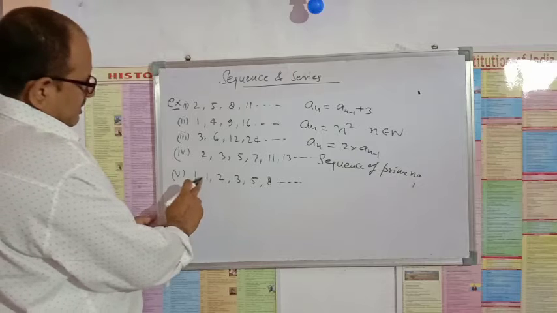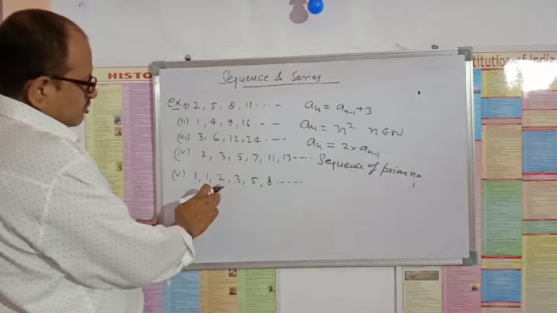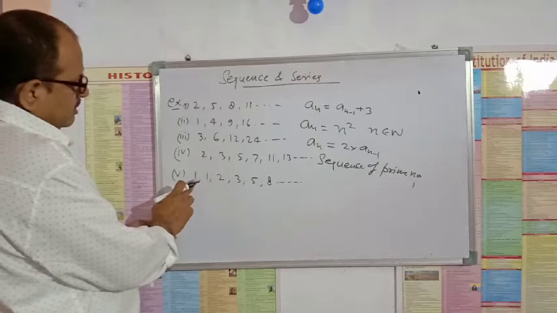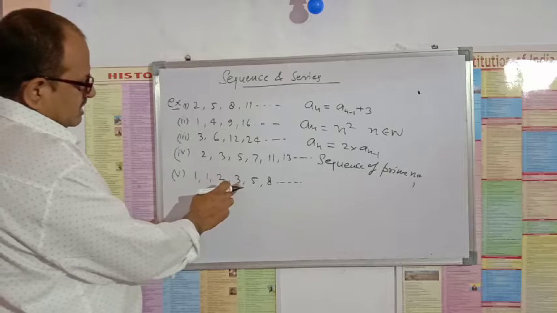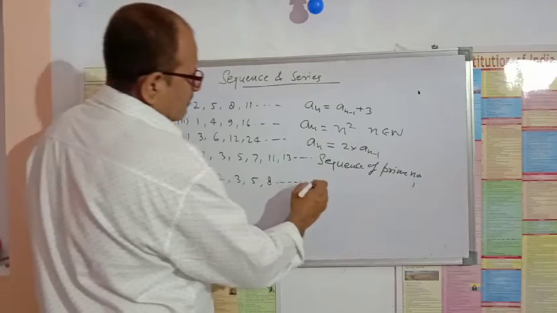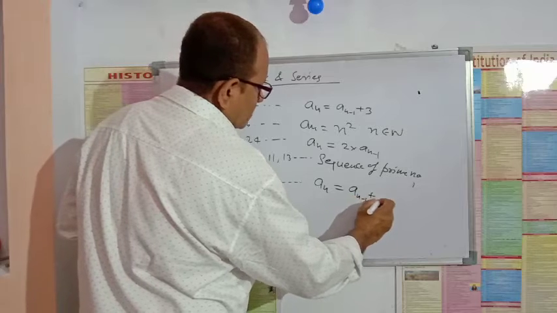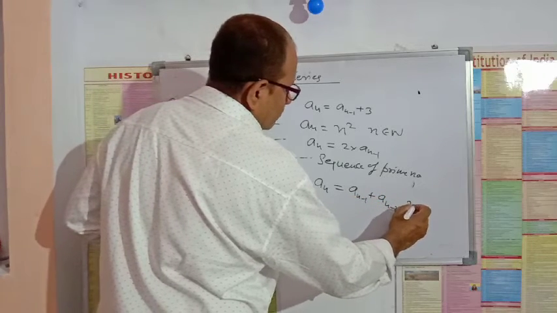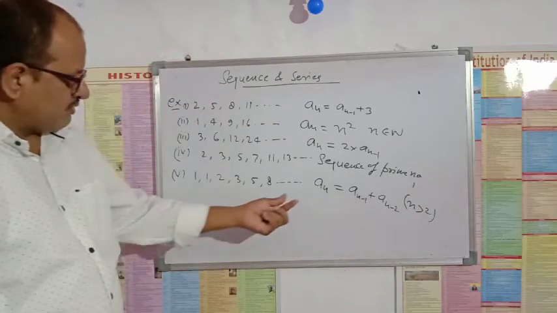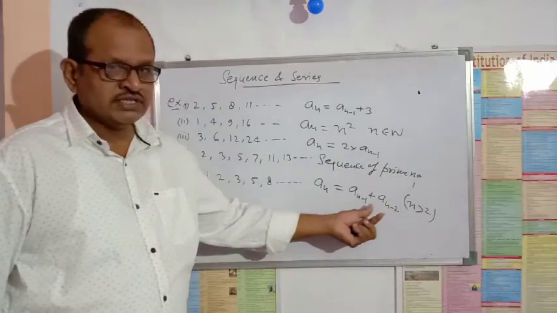See this one: 1, 1, 2, 3, 5, 8. After n is equal to 2, that is from the third term, we observe that each term is obtained by adding the two previous terms. 1 plus 1, 2; 2 plus 1, 3; 3 plus 2, 5; 5 plus 3, 8. So what will be the formula for its general term? an = an-1 + an-2 for n greater than 2. So if n is greater than 2, we have to add its two previous terms.